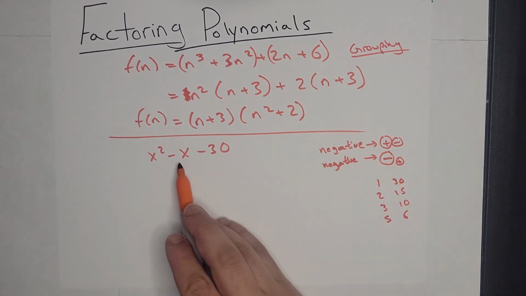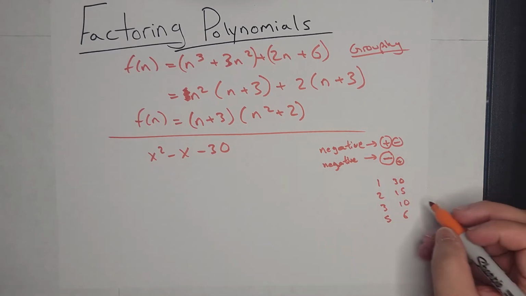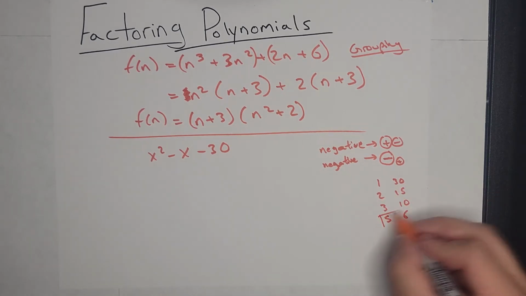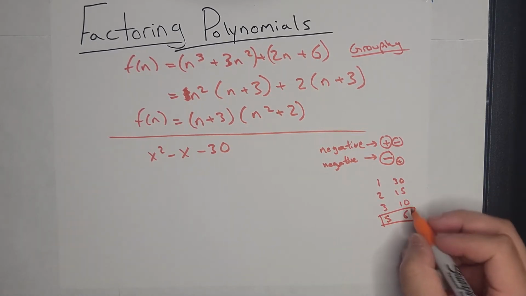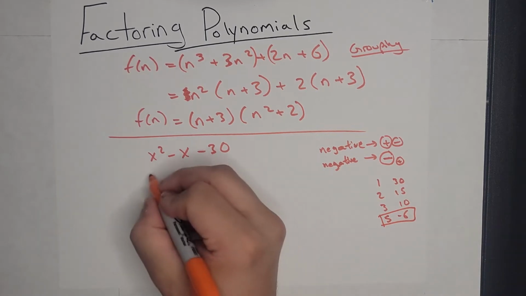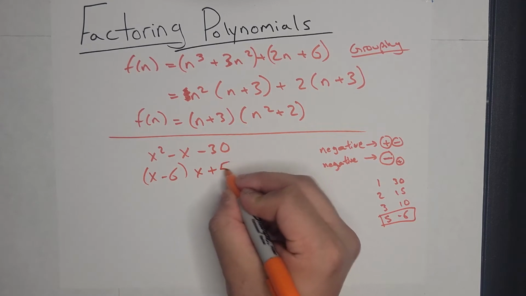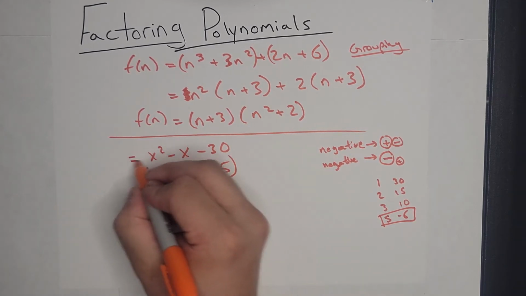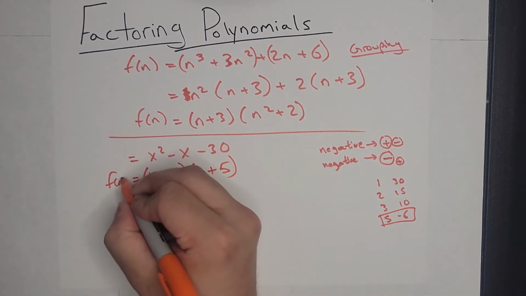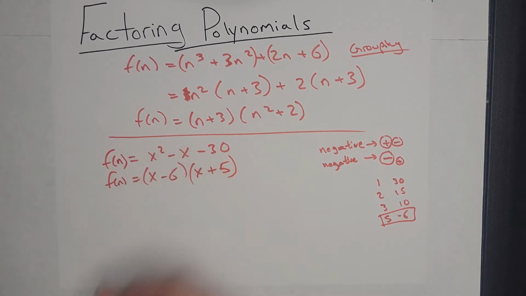And the ones that add up to negative 1, in this case, the only ones off by 1 are these ones. And my bigger number is going to be negative, so I'm going to have x minus 6, x plus 5. So that's what I'm left with.